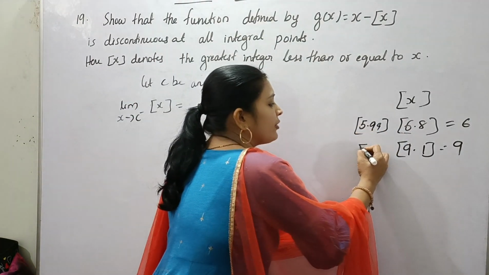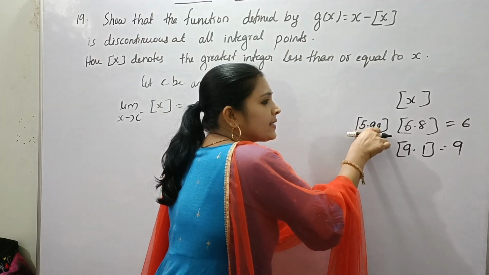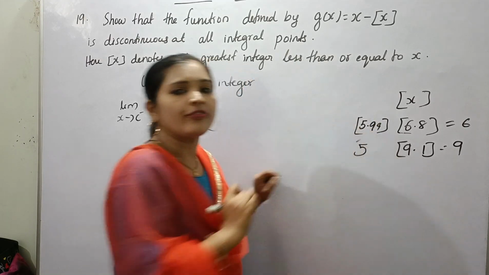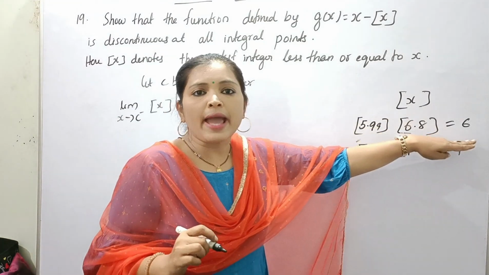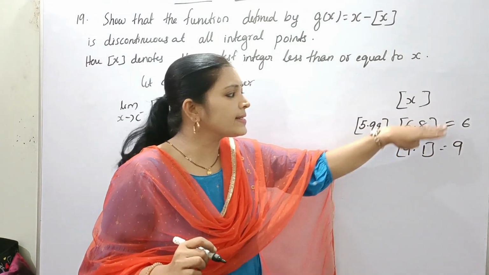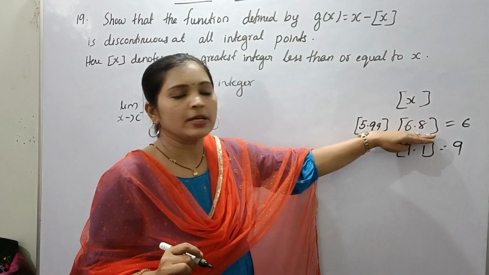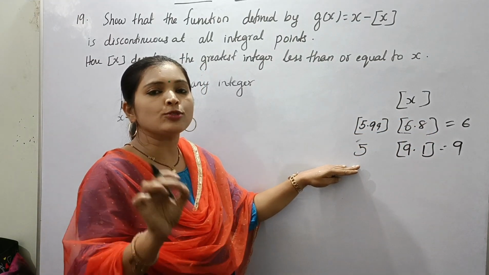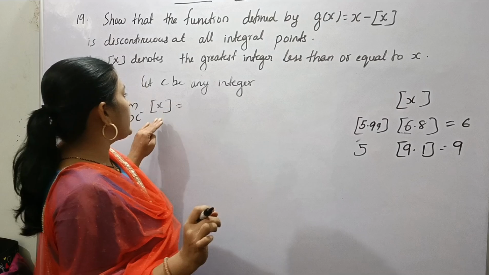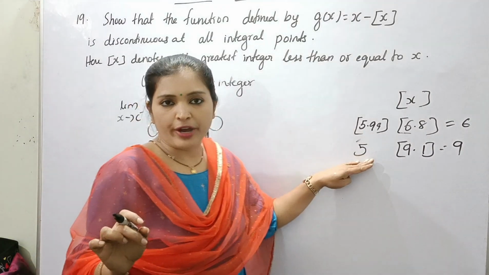That is nothing but 5. Its greatest integer value is 5. So we have taken c as 6 and x as 6.8, and we have got its value as 5. That is, the limit as x tends to c minus of the greatest integer of x is equal to 5.